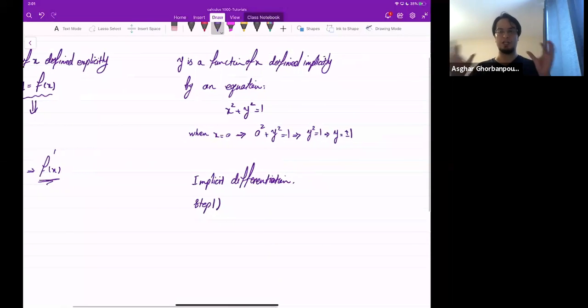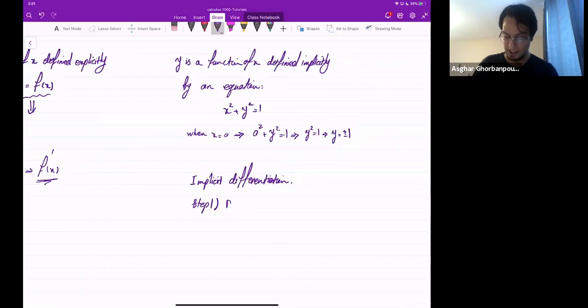It's called implicit differentiation. Step one is to differentiate. This is an equation. I have an equation. Differentiate both sides of the equation with respect to x.